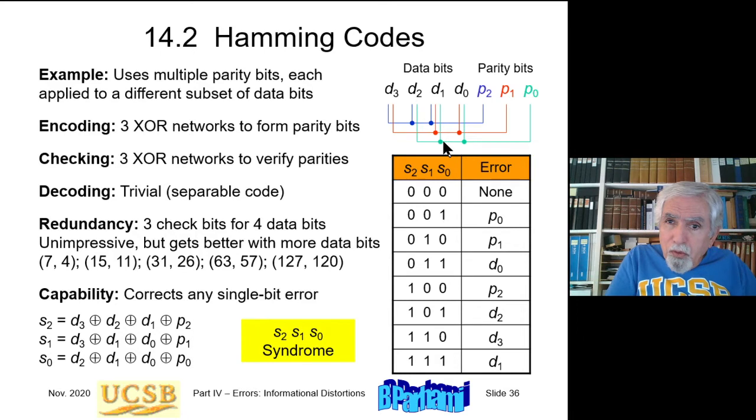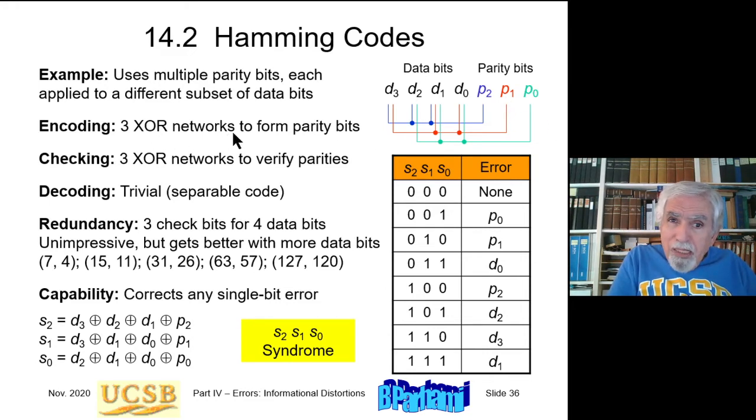In other words, you XOR together those 3 data bits, and that gives you this parity bit. P1 is the XOR of D0, D1, and D3. P2 is the XOR of D1, D2, and D3. So each of the parity bits corresponds to a subset of the 4 data bits. The reason they've been selected in this way is that they then allow error correction.